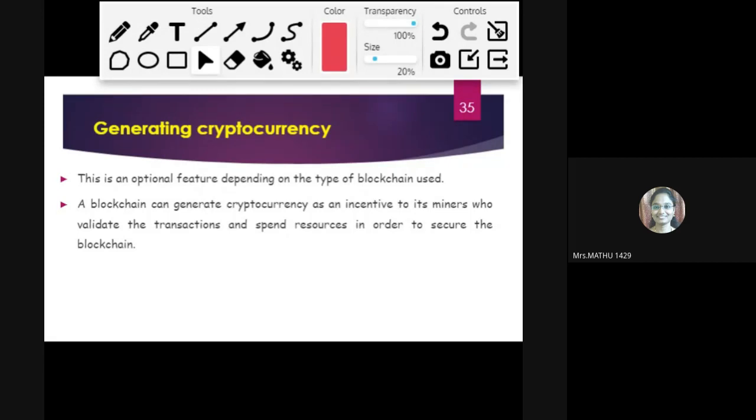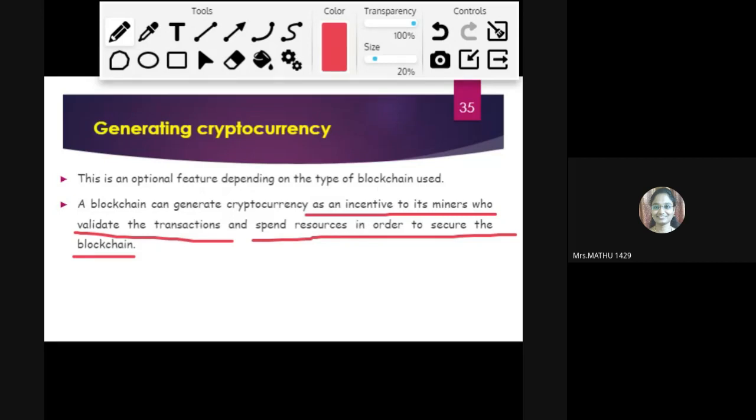Now in the case of blockchain technology also, one way the cryptocurrency is generated is that a blockchain can generate cryptocurrency as an incentive to its miners who validate the transactions and spend resources in order to secure the blockchain.